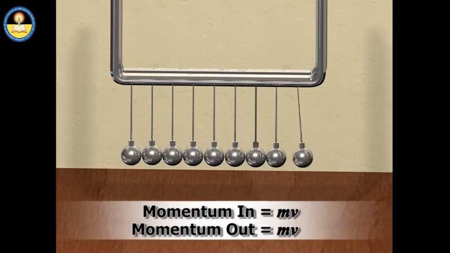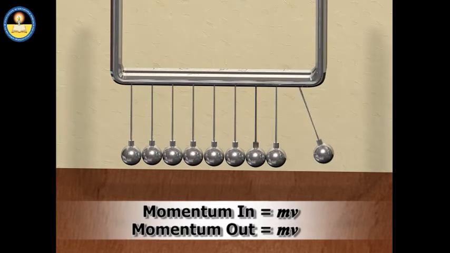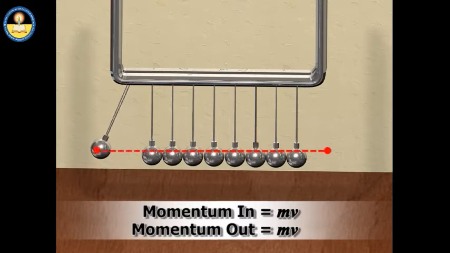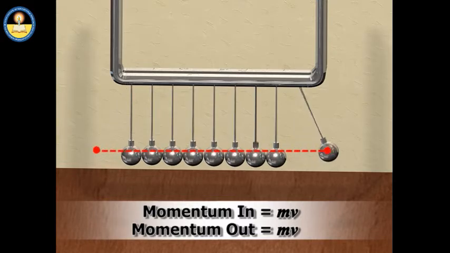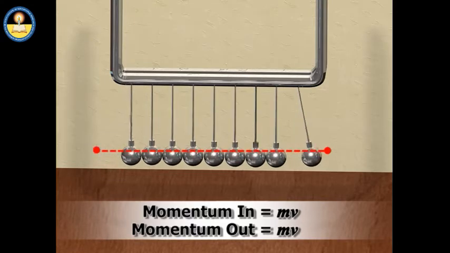When one ball is pulled away and allowed to fall, it strikes the next ball of the series and comes to rest, whereas the last ball of the series acquires the same velocity and swings as high as the release height of the first ball.